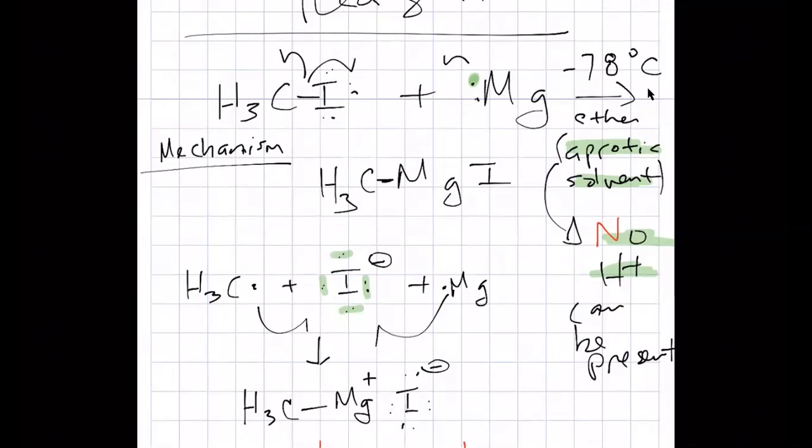You have your alkyl halide, your magnesium metal at low temperature, in an aprotic solvent. It can be ether, THF, benzene, toluene, it doesn't matter, but it's got to be aprotic.